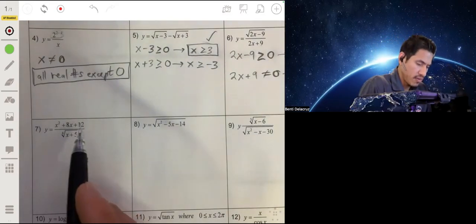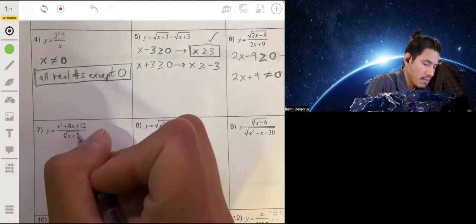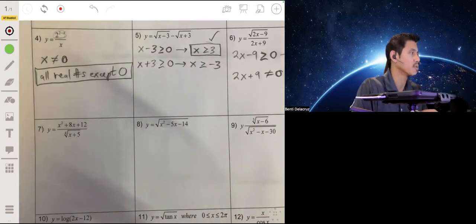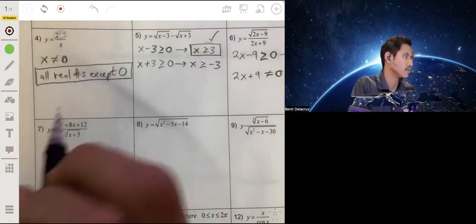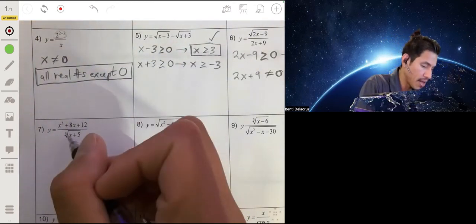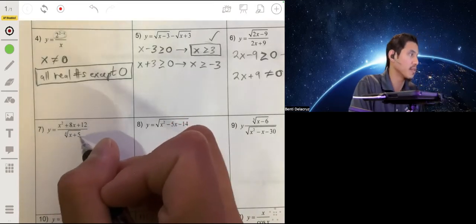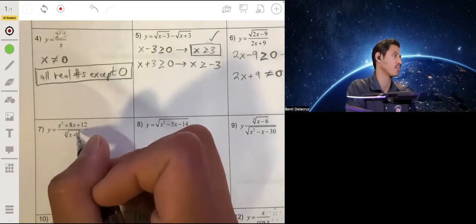All right, the numerator is fine. We can take any number and plug it into there. Now the denominator, we're taking the 4th root of x plus 5. Now, let's remember what the 4th root means. All that means is what number to the 4th power will give you this. So what number can you take the 4th root of?